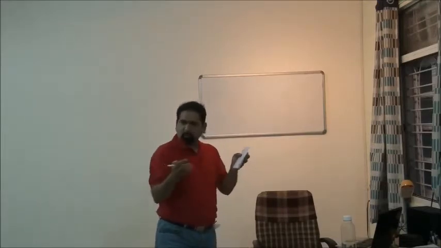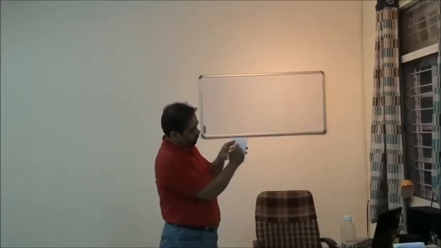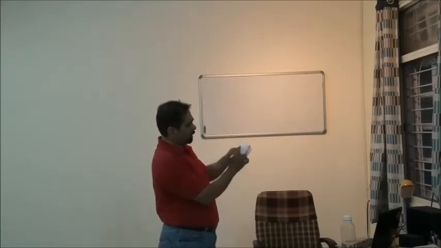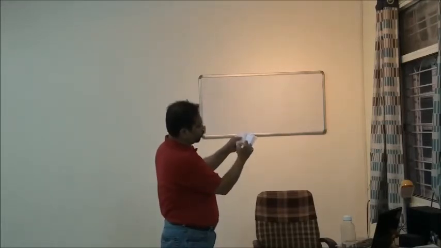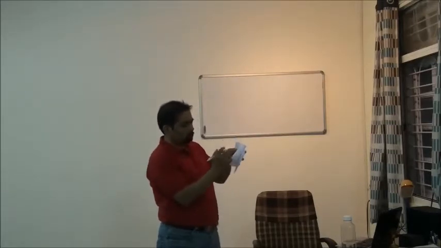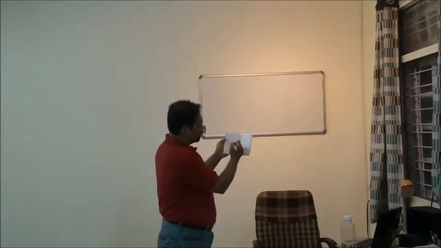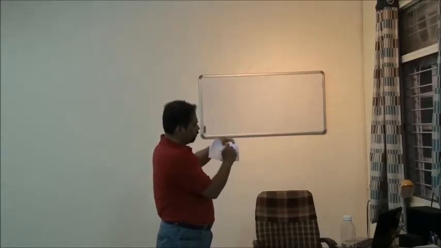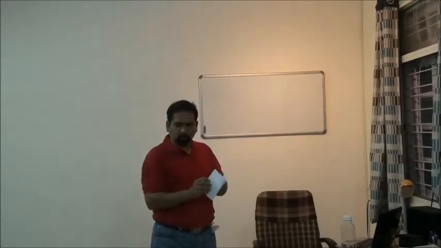Got it? Okay. Now I want you to take your pen and write 1 here on the first page. Behind 1, what will you write? Correct. Behind 1 you are going to write 2, and then you are going to write 3, 4, 5 and so on.